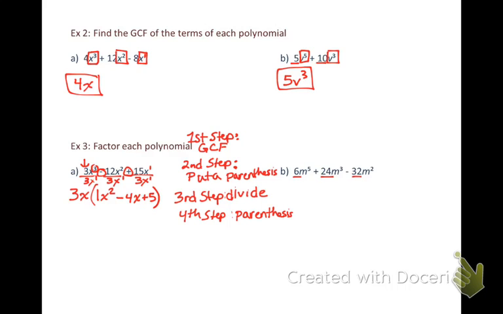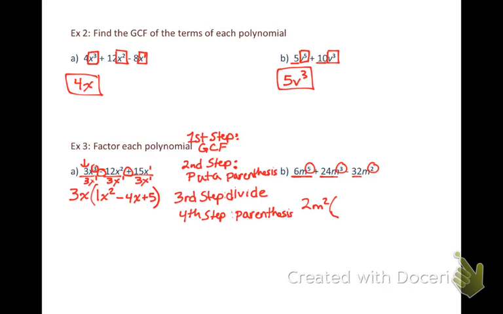So it can't be 6, can't be 4, so it must be 2. So I'm going to do 2. And then I look at the smallest exponent, since there's an m in everything. So m squared is my smallest amount. I'm going to bring this down just a little bit so you can see that. 2m squared.